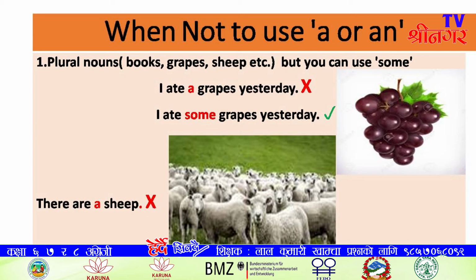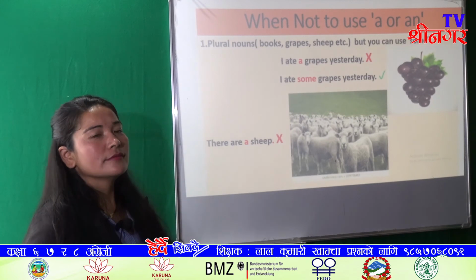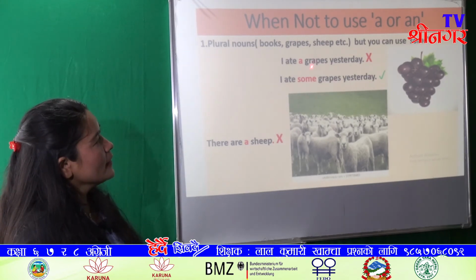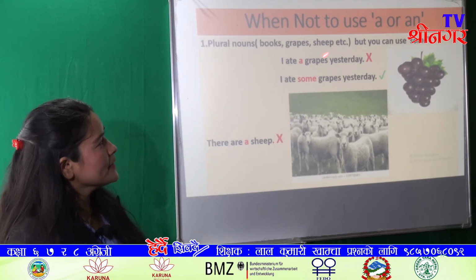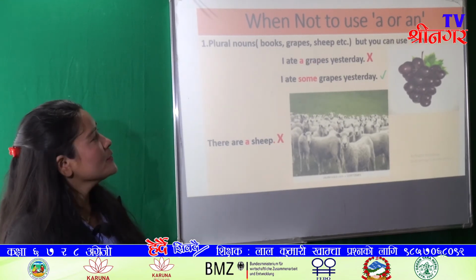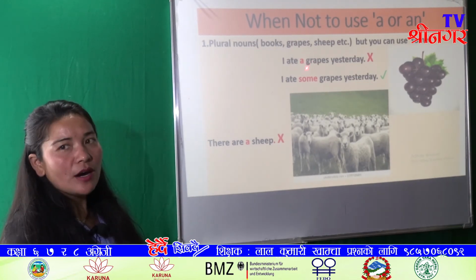"I ate a grapes yesterday." This sentence is also wrong. Why? Here grapes is a plural noun. So before grapes we cannot use "a".